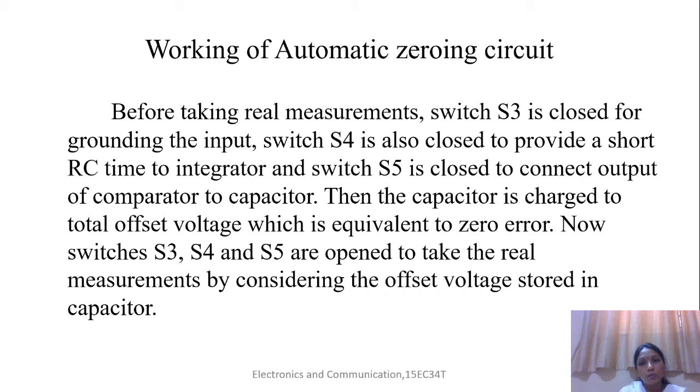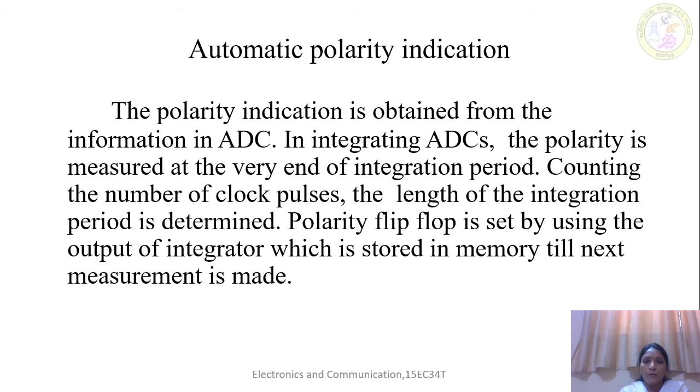Switch S4 is also closed to provide a short RC time constant to the integrator, and switch S5 is closed to connect the output of the comparator to the capacitor. Then the capacitor is charged to the total offset voltage, which is equivalent to the zero error. Now switches S3, S4, S5 are opened to take the real measurements by considering the offset voltage stored in the capacitor. This is the working of the automatic zeroing circuit.